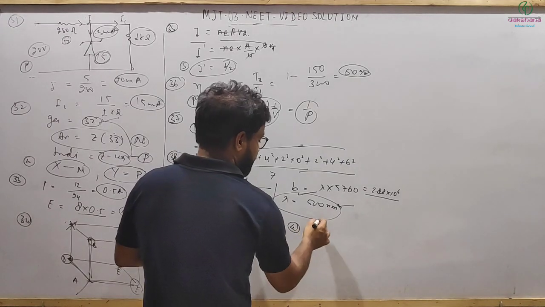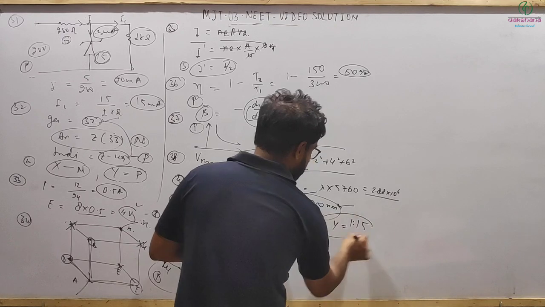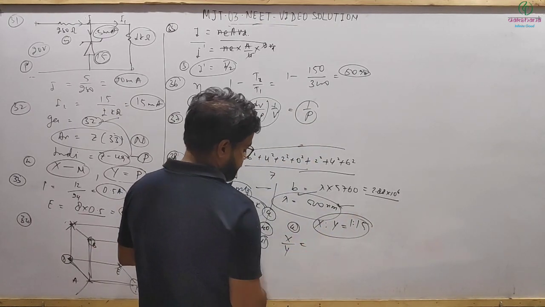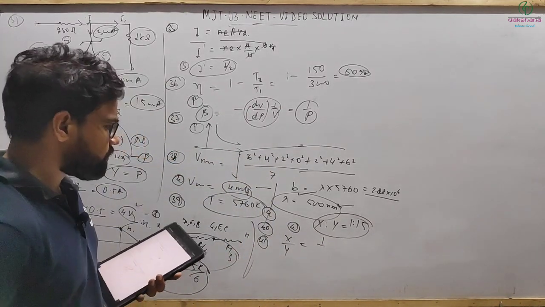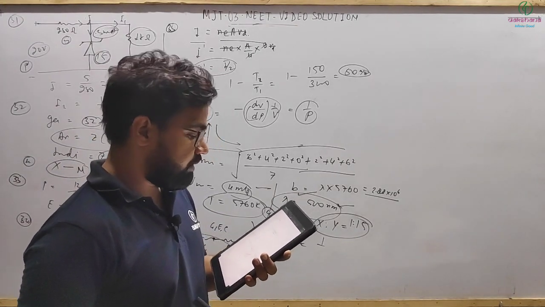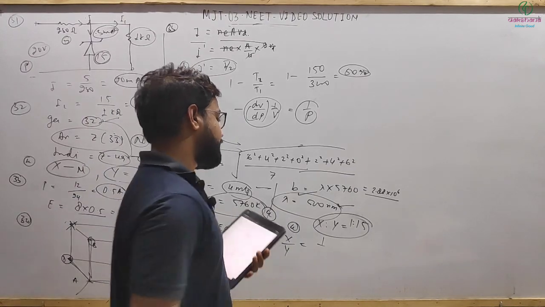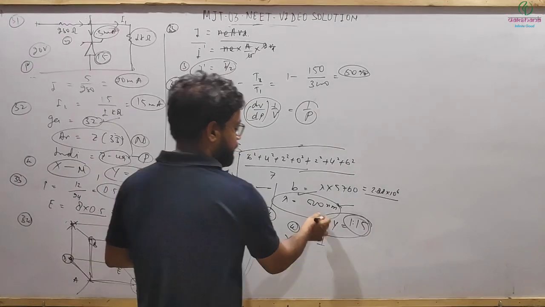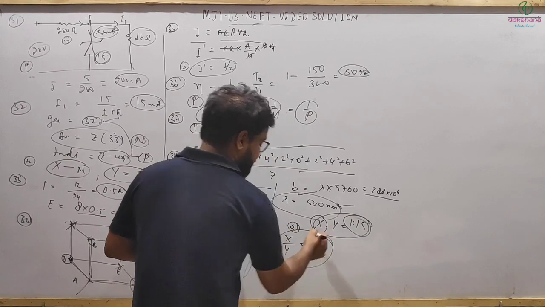So X to Y is 1:15. Initially the total was only X, now it has become 1:15, so X is 1/16.